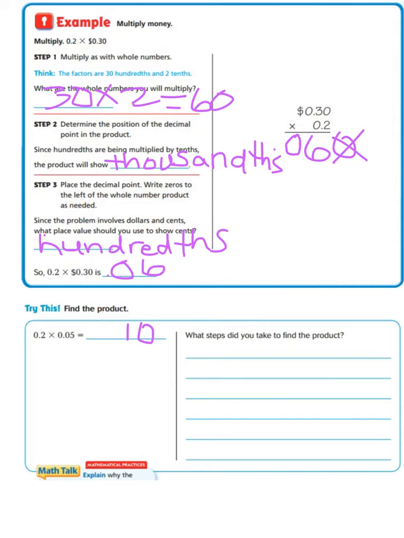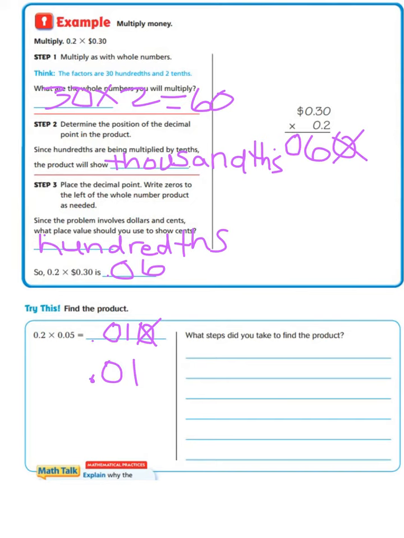So therefore, we need to add a 0 to the left of our whole number and place our decimal point. So once we've done so, we know that 2/10 times 5/100 equals 10 thousandths. Or we can take away the 0 on the end and know that it equals 1/100.